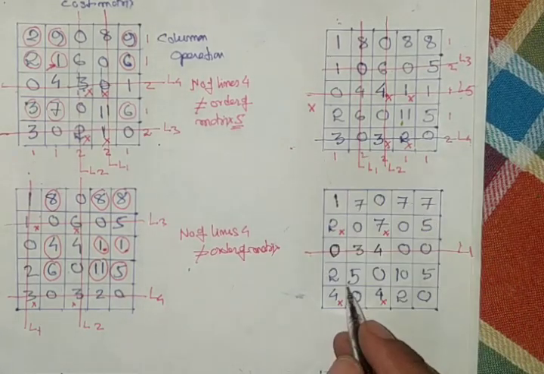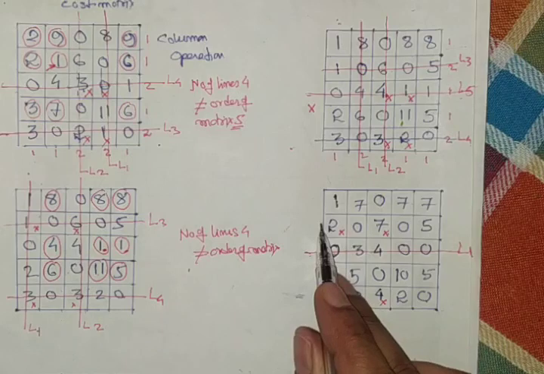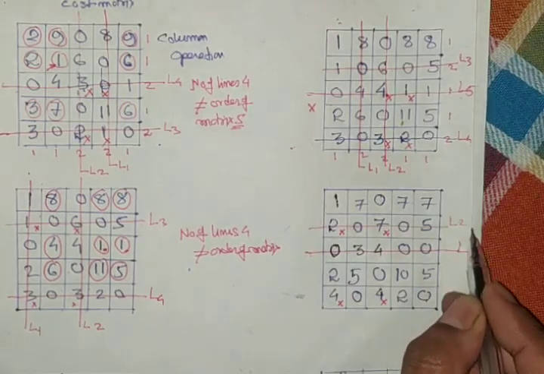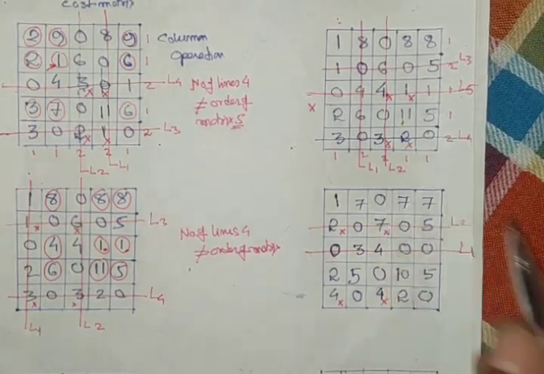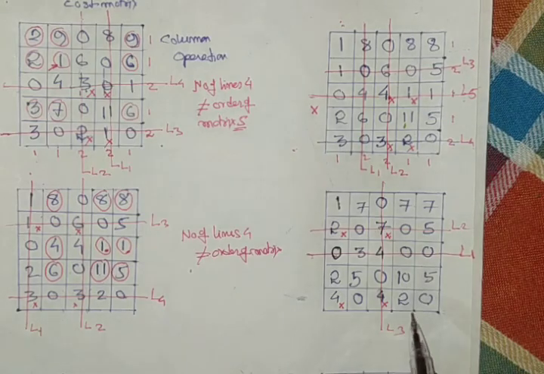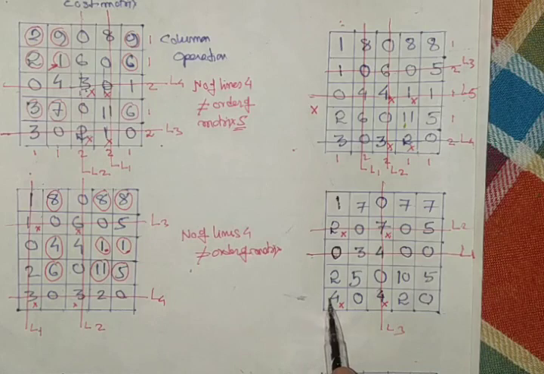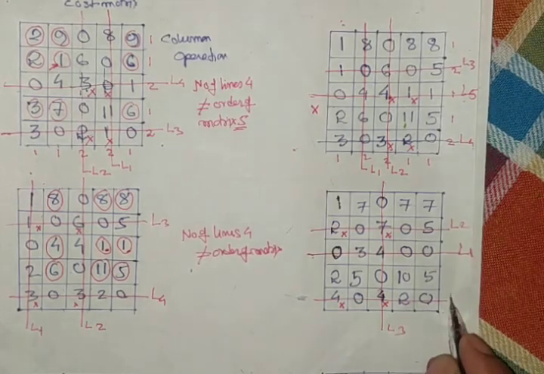After that I draw this line, this one, line number 2. So this is covered, so these two will be covered. On this one, we draw another line here, L3. Then L4.